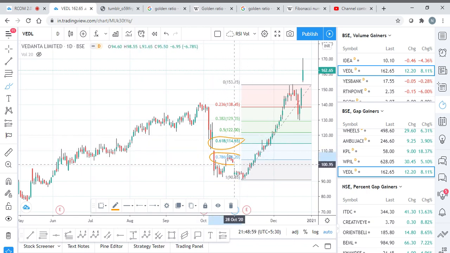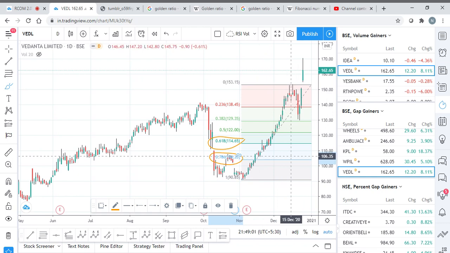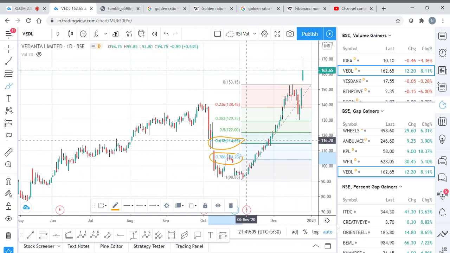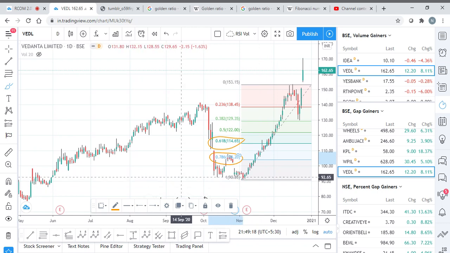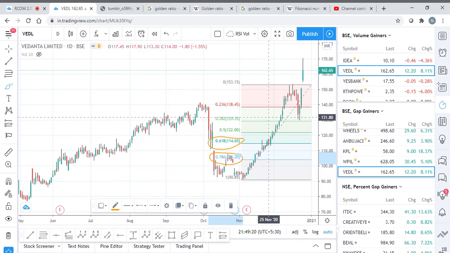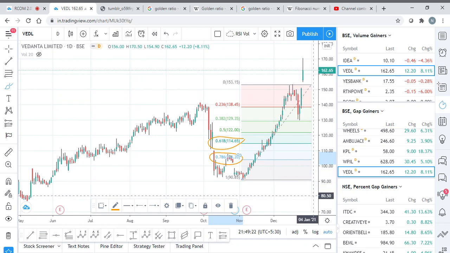The other number doesn't carry much significance. Price rarely bounces from this level. It usually breaks the low, and the downtrend starts. So once you see that the 0.618 level is broken, then you could assume that the reversal has started, like the trend is changing completely. So it will start the downtrend in that case.